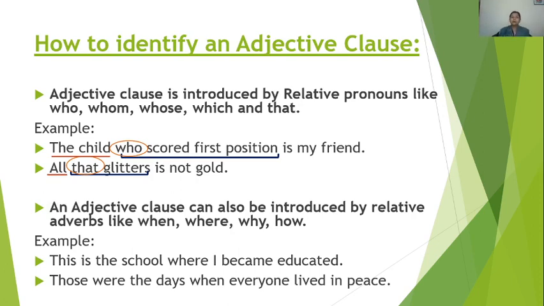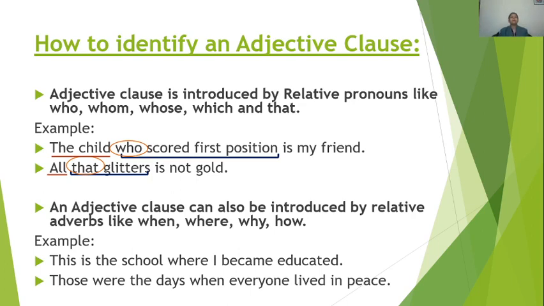Now, apart from relative pronouns, an adjective clause can also be introduced by relative adverbs. And what are these relative adverbs? When, for time, where, for place, why, for reason, and how, for manner.